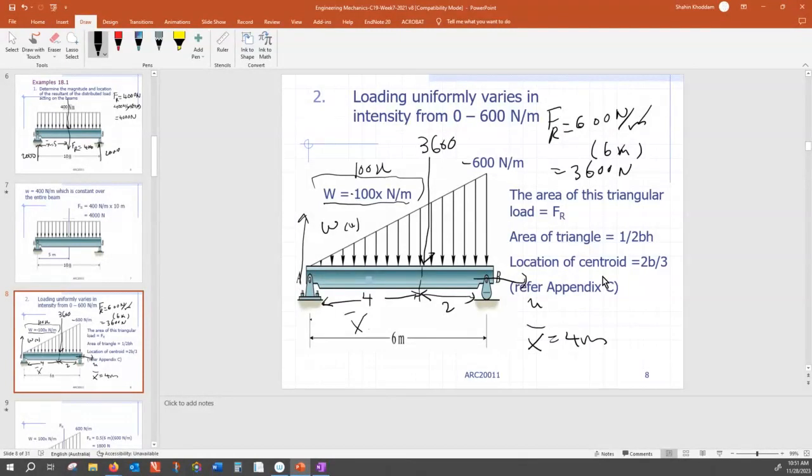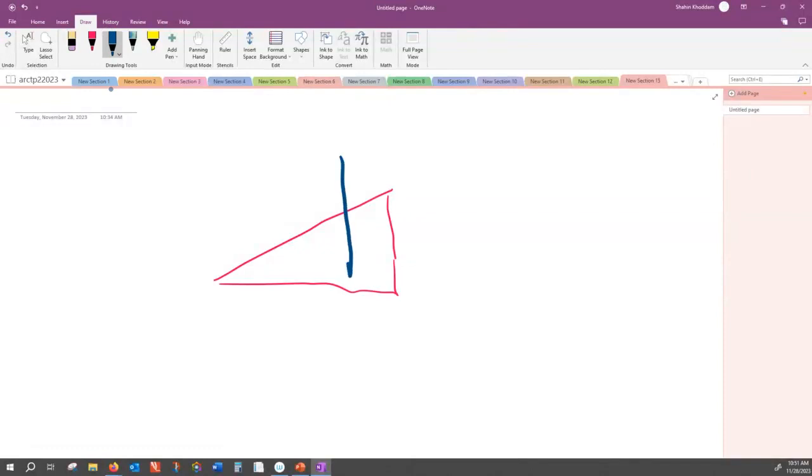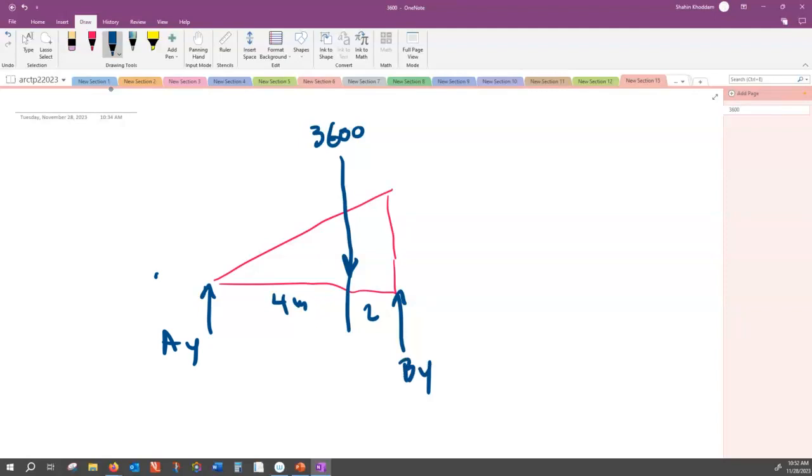Now that you have this simplified, to find the reactions, all I need is this. Instead of that triangle, I replace it with the resultant force here, and one reaction here, one reaction here. That is 4 meters, this is 2 meters, and that is Ay, this is By. How do I find them?